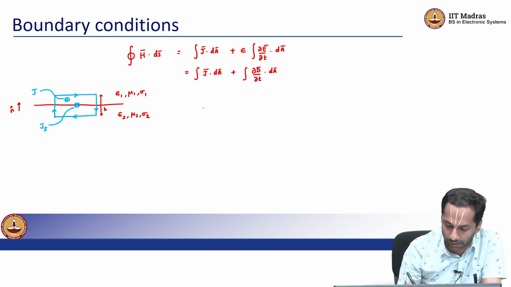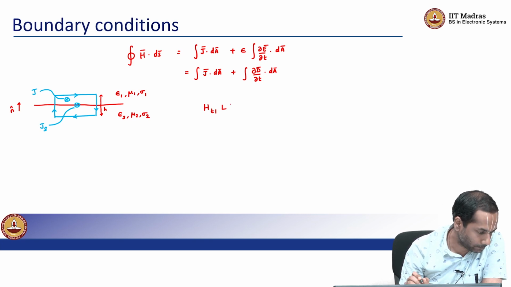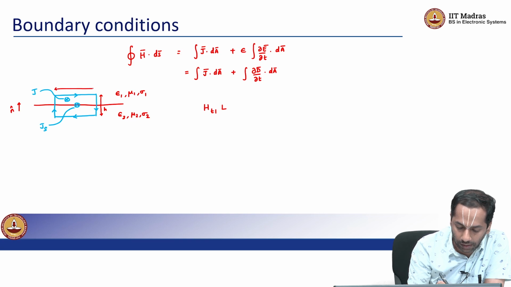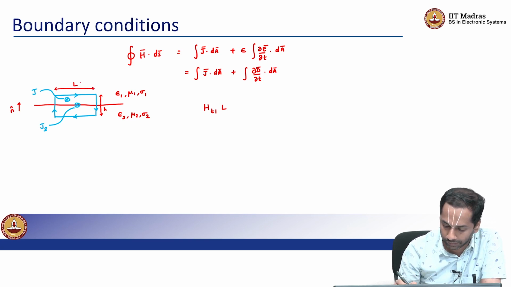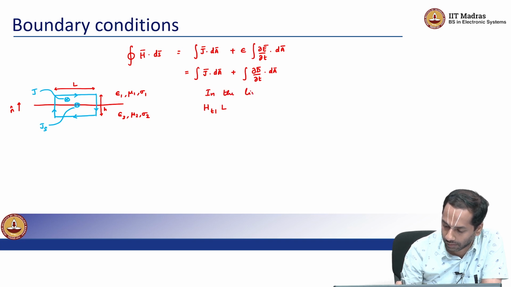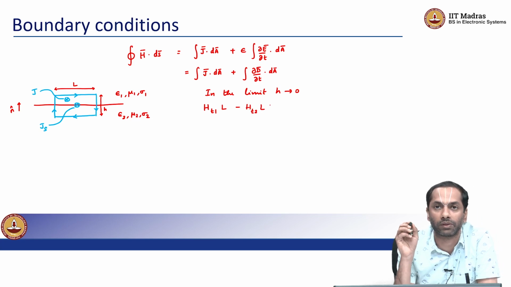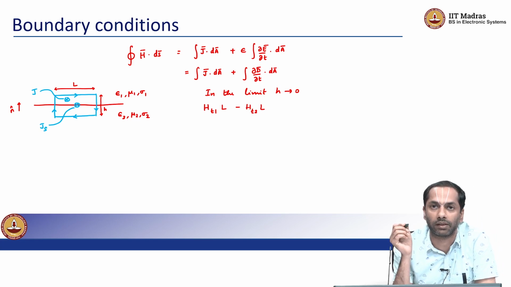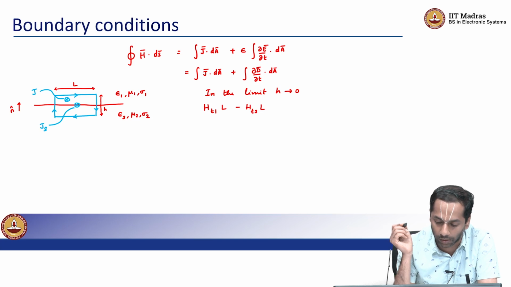It quite simply becomes the h tangential 1 times, let's say, L. Okay, let's take this as L. So in the limit h tends to 0, Ht1 L minus Ht2 L. Remember, the contributions from the side that is length h is going to vanish, so I am not including that here.